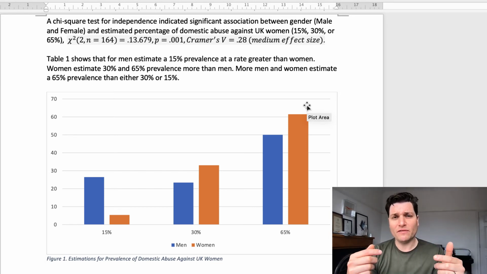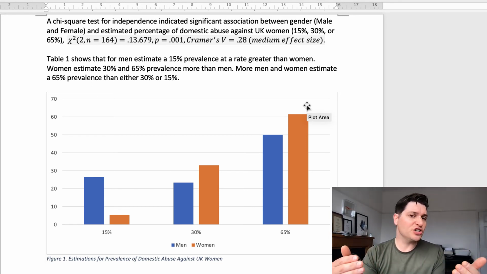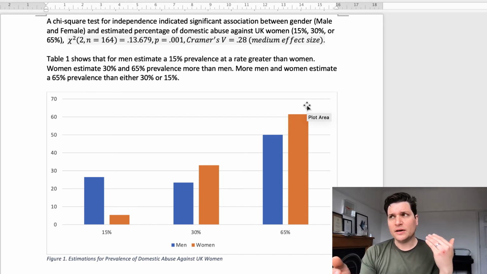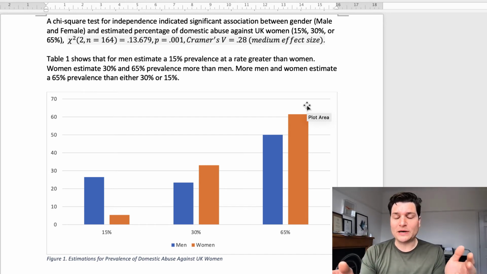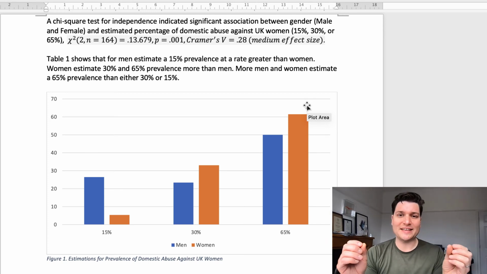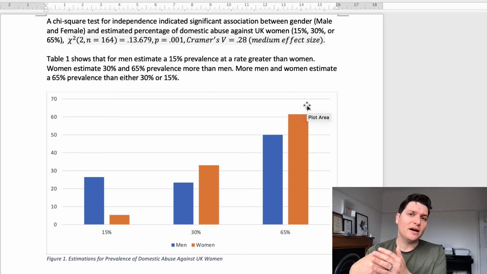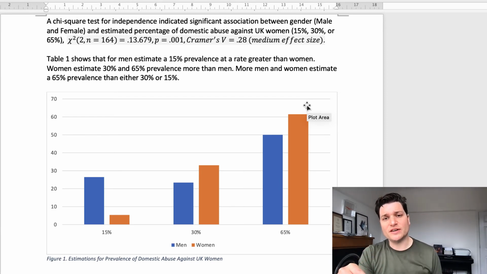The next paragraph is interpreting the bar chart below. Now, it will depend what you're looking for, depending on your research questions, so don't take this as the only way to write things. But I've said that Table 1 shows that men estimate a 15% prevalence at a rate greater than women. Women estimate 30% and 65% prevalence more than men.